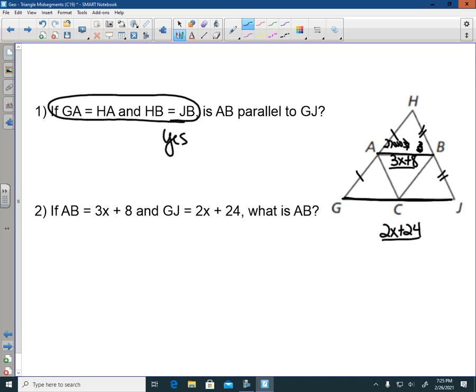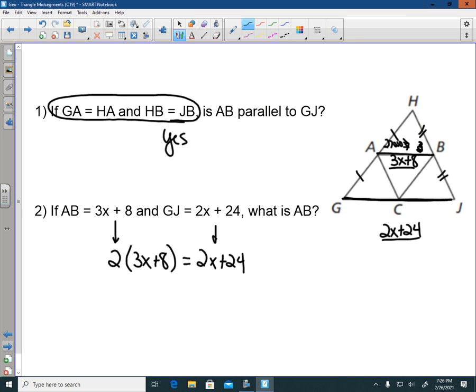So let's do the same thing with 3x plus 8. If we take 2 times that midsegment, we get the length of that third side. And that's how you set up this equation. Because every midsegment is half the length of the third side. In other words, if you take the midsegment and you multiply it by 2, you will get the length of the third side.